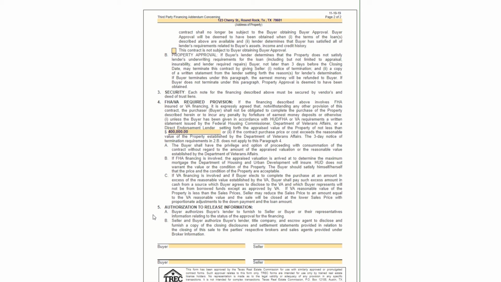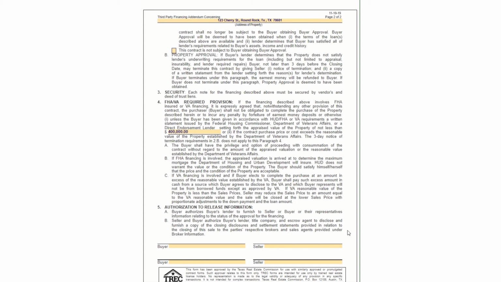And then 5, authorization to release information. A, buyer authorizes buyer's lender to furnish to seller or buyer or their representatives information relating to the status of the approval for the financing. And then seller and buyer authorize buyer's lender, title company, and escrow agent to disclose and furnish a copy of the closing disclosures and settlement statements provided to the parties' respective brokers and sales agents.